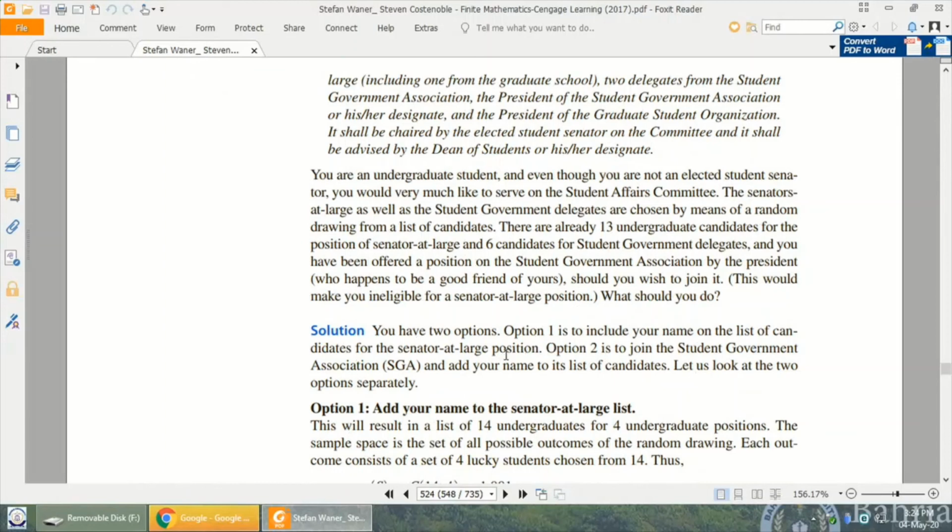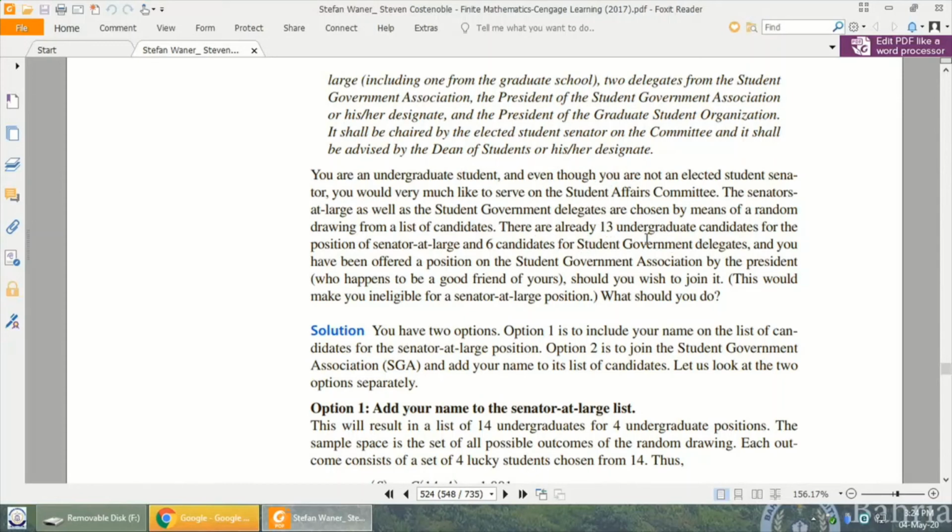So in this case now, there are 13 undergraduates for position and 6 candidates, and you have been offered a position, and then it has not been explained whether this includes you as an undergraduate student, and you're not elected. And now, if you want to determine whether they have elected you or not, you just have to see what is the condition in here.